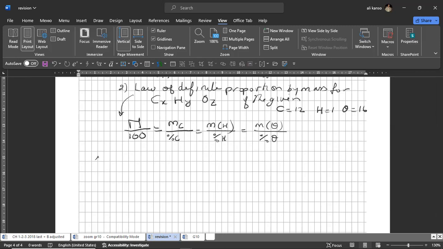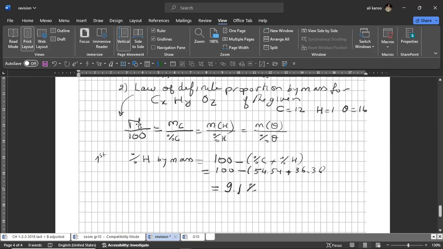First, before we start applying, we calculate the percentage of hydrogen by mass. It is 100 minus the percentage of carbon plus the percentage of oxygen. What do we get? 100 minus (54.54 plus 36.36). We get the answer by calculator: 100 minus 54.54 minus 36.36 gives 9.1. The answer is 9.1%.